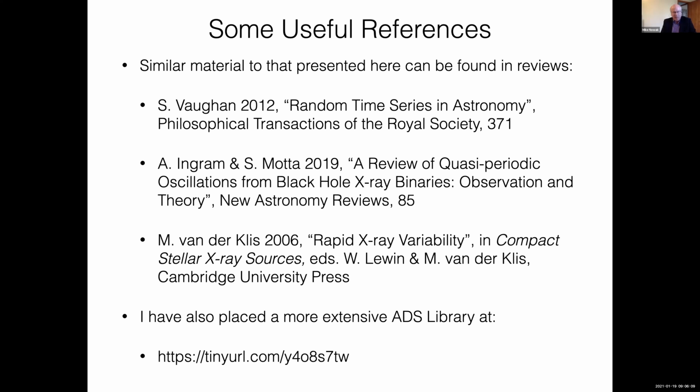And then there's a classic book chapter by Michiel van der Klis from the University of Amsterdam, on rapid X-ray variability. Dimitris has spent a fair bit of time there himself. Michiel just recently retired, but he is one of the great thinkers in this field of X-ray variability. A lot of great papers by him and a very good review chapter in the book referenced there.